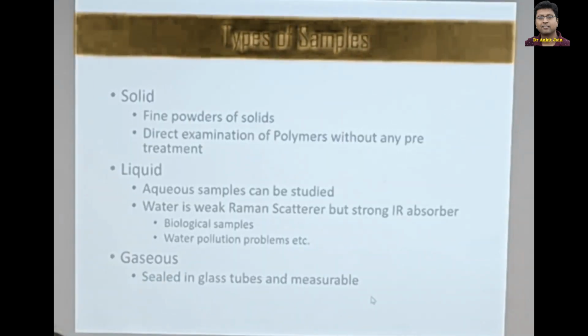The good thing about Raman is that the sample holder can be of any kind, because our samples can be solids, liquids or gaseous. So we can detect the Raman spectra of any kind of fine powders, thin films, structured films, or polymers without any pretreatment or chemical separation, which we usually do using gas chromatography or HPLC.